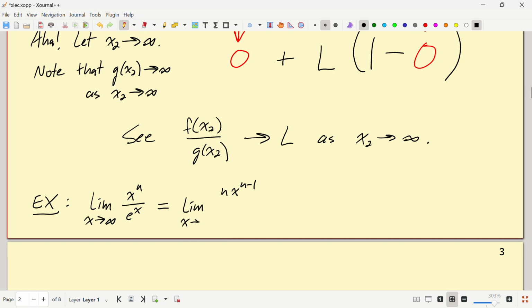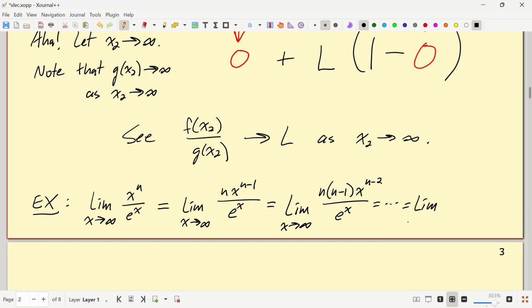I'm just playing games here. Derivative of e to the x is itself. And I can keep doing this. The next one would be limit as x goes to infinity, I still don't know anything yet. I'm just doing this for kicks. Times n minus 1, x to the n minus 2. Derivative of the bottom is e to the x. And I would do it.